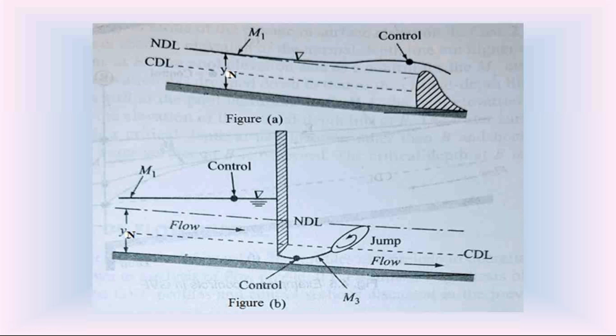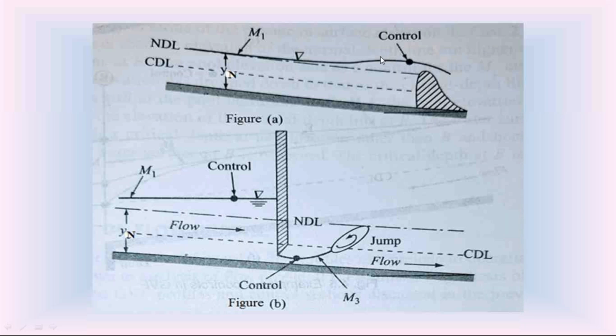Then we know the channel bottom slope S0. Then find out the total energy line slope at section 1. SF is the total energy line slope. To find the total energy line slope, you can use Chezy's equation.